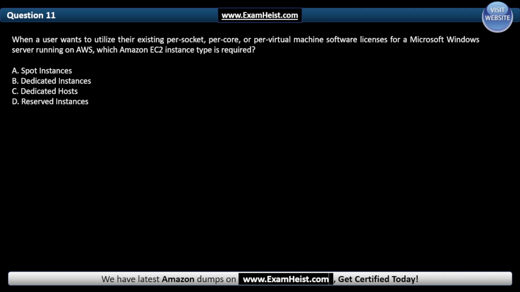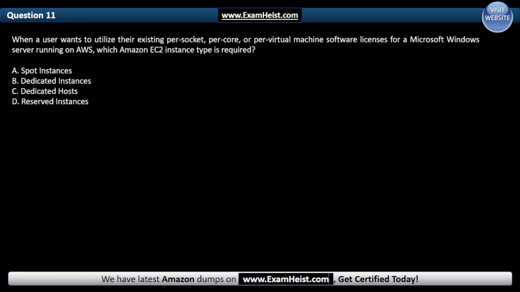Question 11. When a user wants to utilize their existing per socket, per core, or per virtual machine software licenses for a Microsoft Windows server running on AWS, which Amazon EC2 instance type is required?